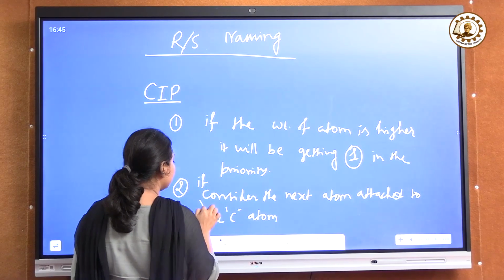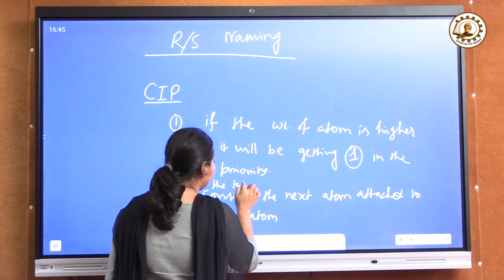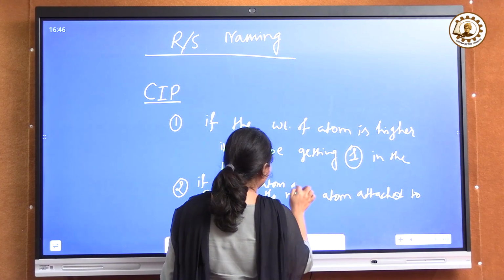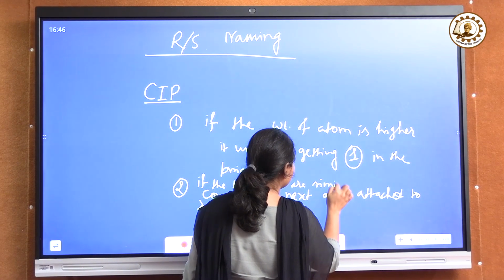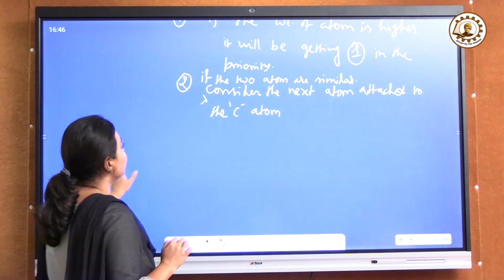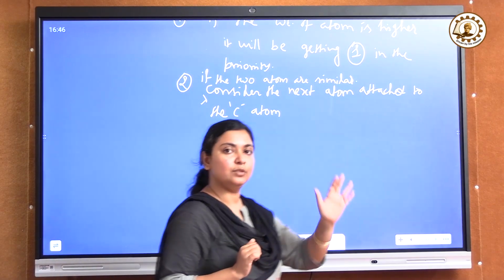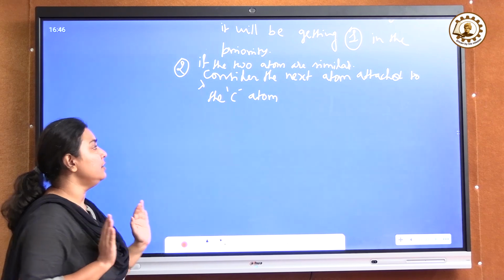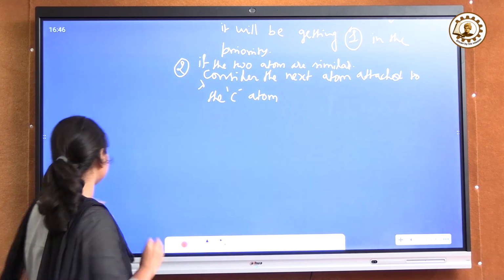If the two atoms are similar, I will show some examples, then consider the next atom attached to the carbon atom. So these two are basically the main CIP rules.